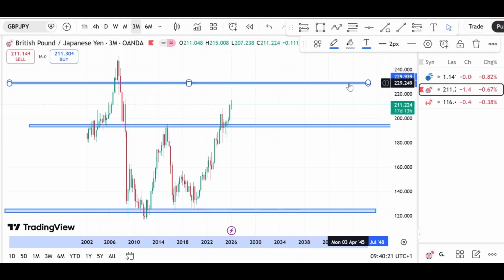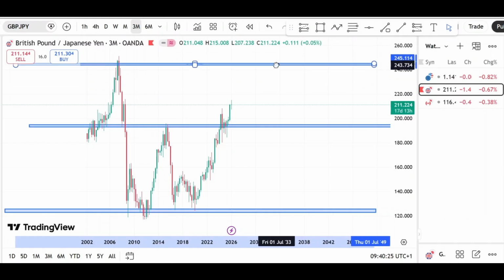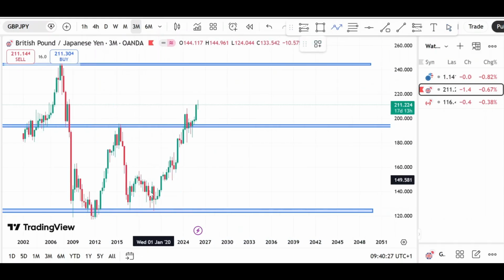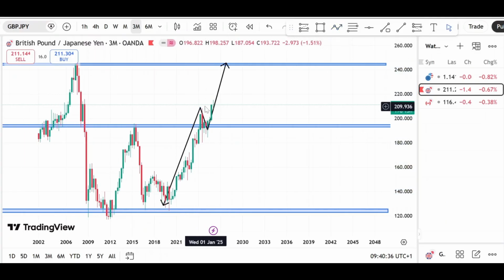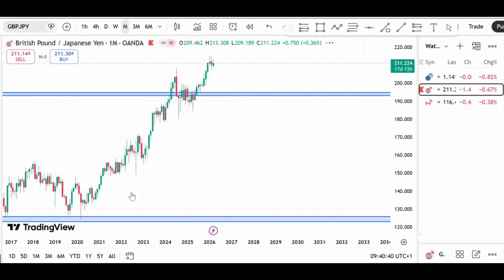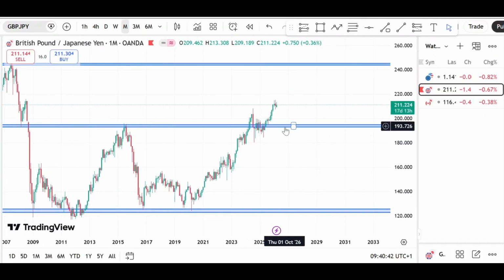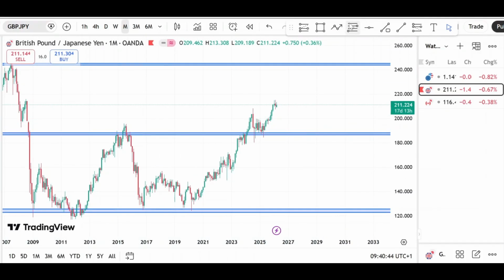As you can see, we are in an uptrend, because the price managed to break the monthly midway zone to create a higher high, higher low, and then we expect that the price is going to keep moving upward. Let's go to the monthly time frame to see what's going on.